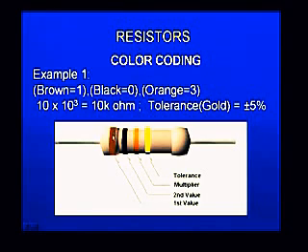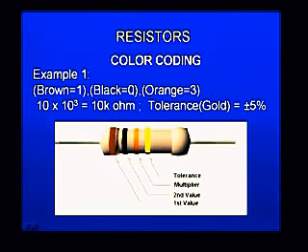You can see there are a number of bands of colors all around. It's something like a cylinder. You can see there is a brown here, black, orange, yellow are the 4 color bands that we have here. The brown, the first line, corresponds to number 1, it's equivalent to value 1.